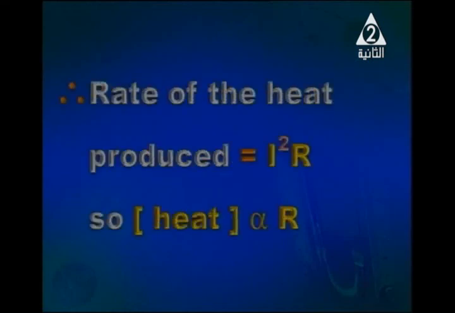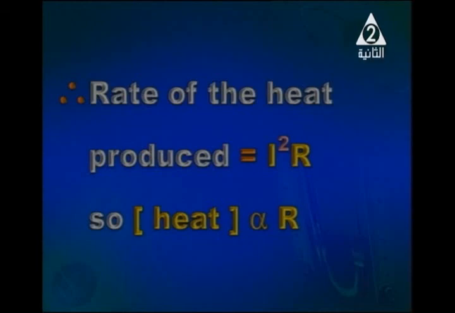When they are connected in series, which wire would give the greatest amount of heat? This is very important. It asks about the power. The rate of heat produced is given by the expression I squared R. And when we are connecting the resistors in series, the current intensity is the same.